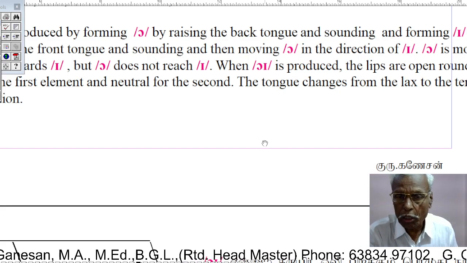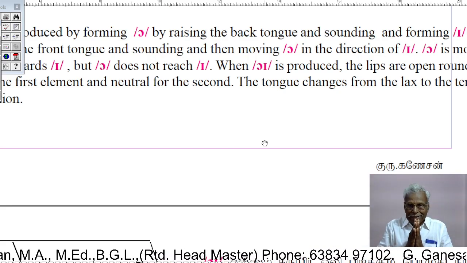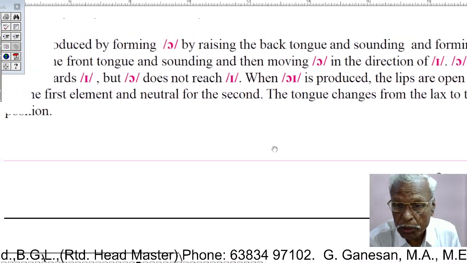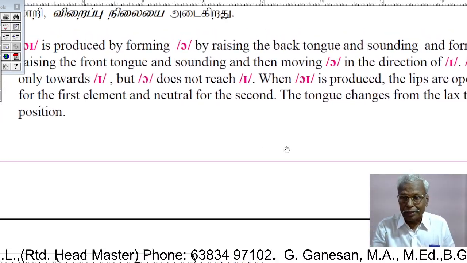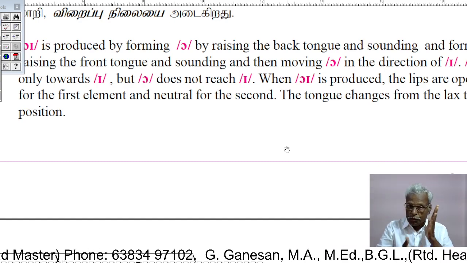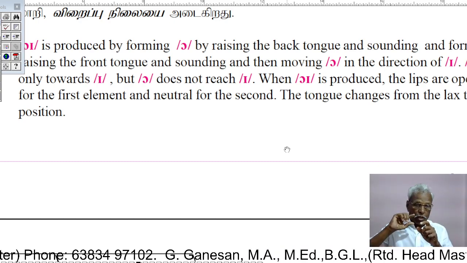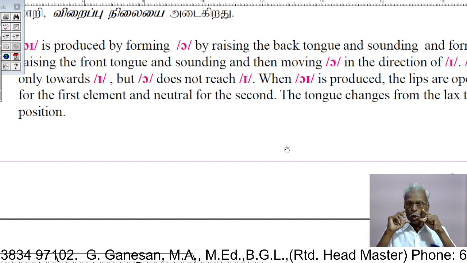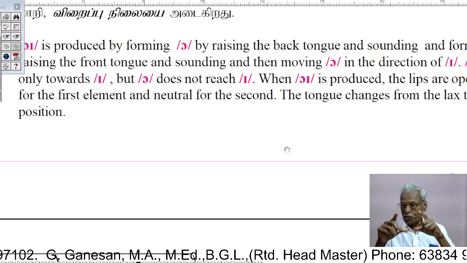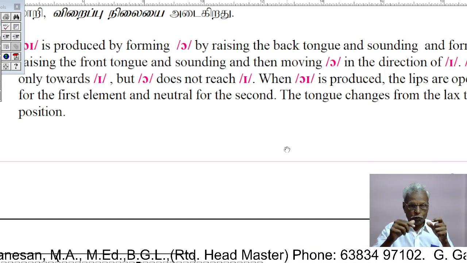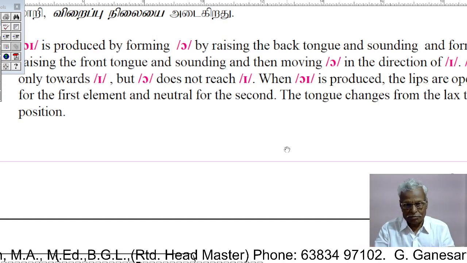That's all. When /ɔɪ/ is produced, the lips are open rounded for the first element, that is for /ɔ/, and neutral for the second element, that is /ɪ/.